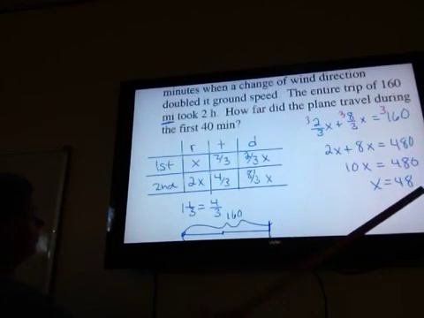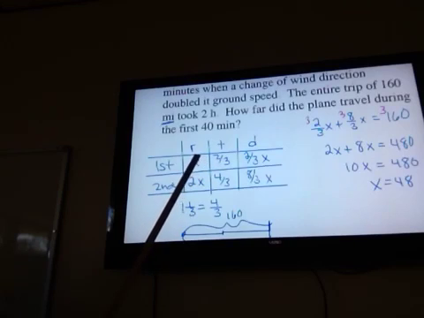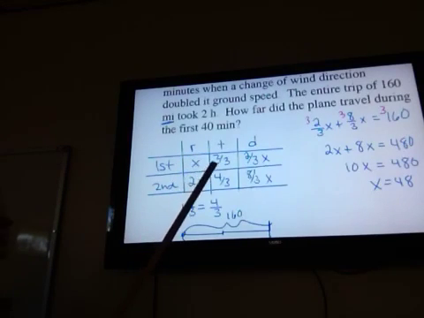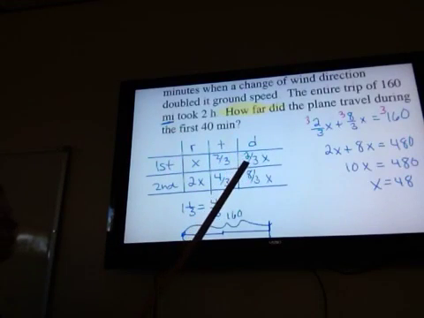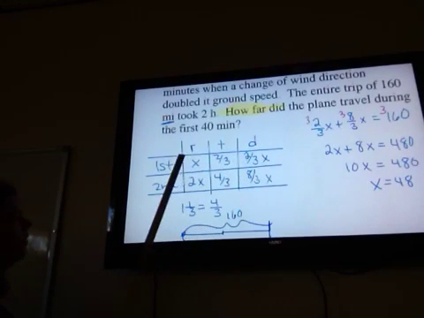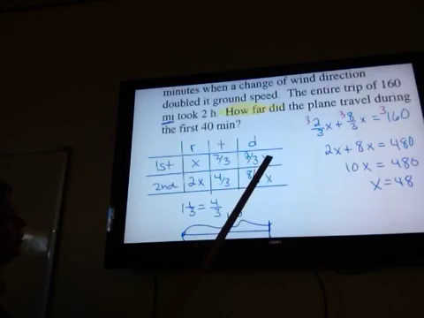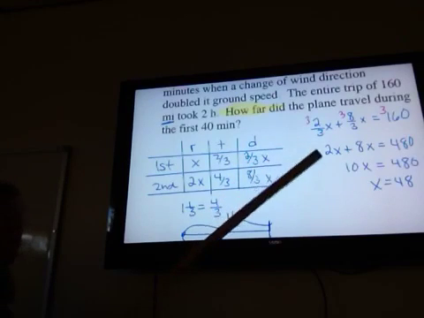Look at my chart. x represents the rate for the first part. But what do they want to know? They want to know how far did the plane travel during the first 40 minutes. So here's what they're looking for right here. How far, this is the first part, so this is what we're looking for. So I need to take 2/3 times x.